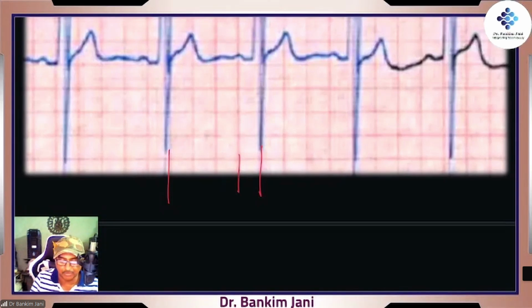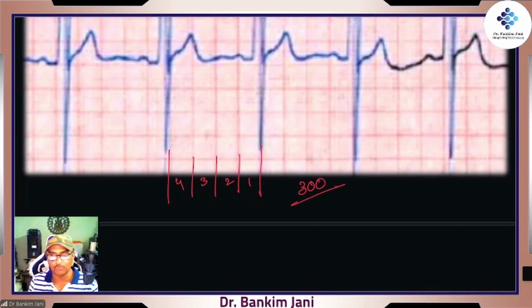This is 1 big box, 2nd big box, 3rd big box, 4th box. So 1, 2, 3, 4. That's right. This is 4 big boxes, so 300 divided by 4, since one cardiac cycle is the size of 4 big squares, and the heart rate is about 75 per minute.